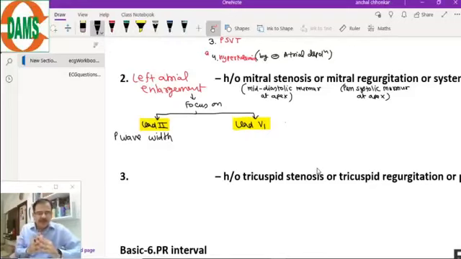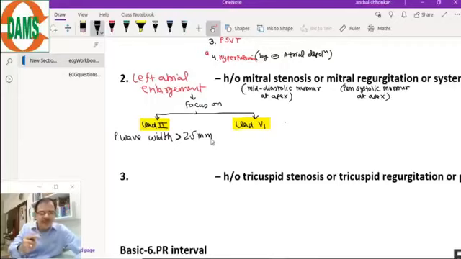So therefore in lead 2 we will check for the width. If we are suspecting a left atrial enlargement, we will see that the width of the P wave will increase. So here the P wave width will be more than 2.5 mm. And how is it changing?